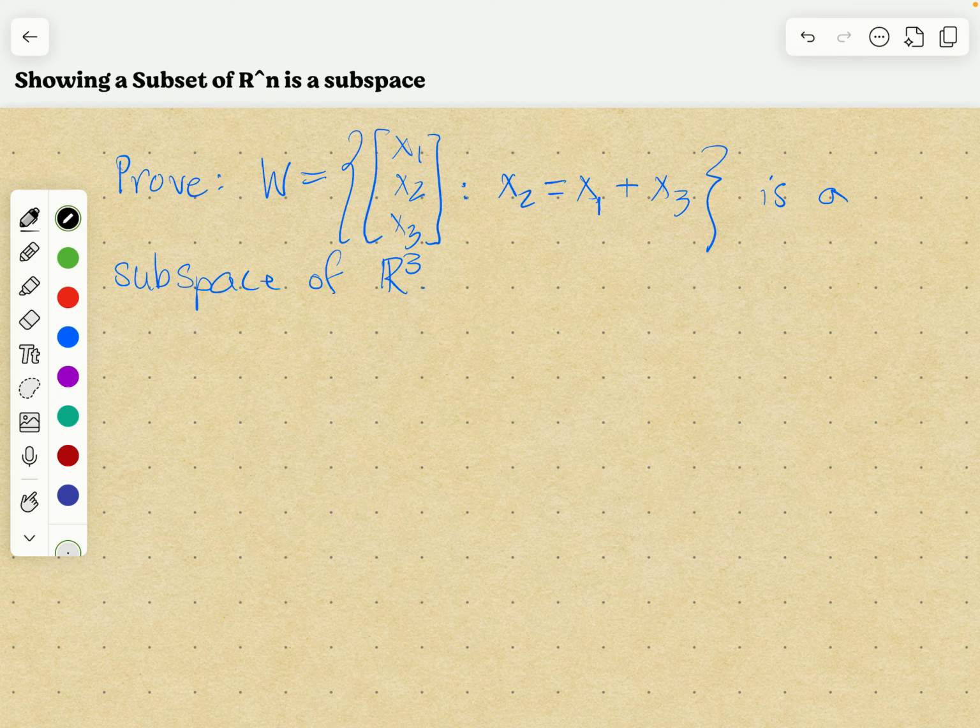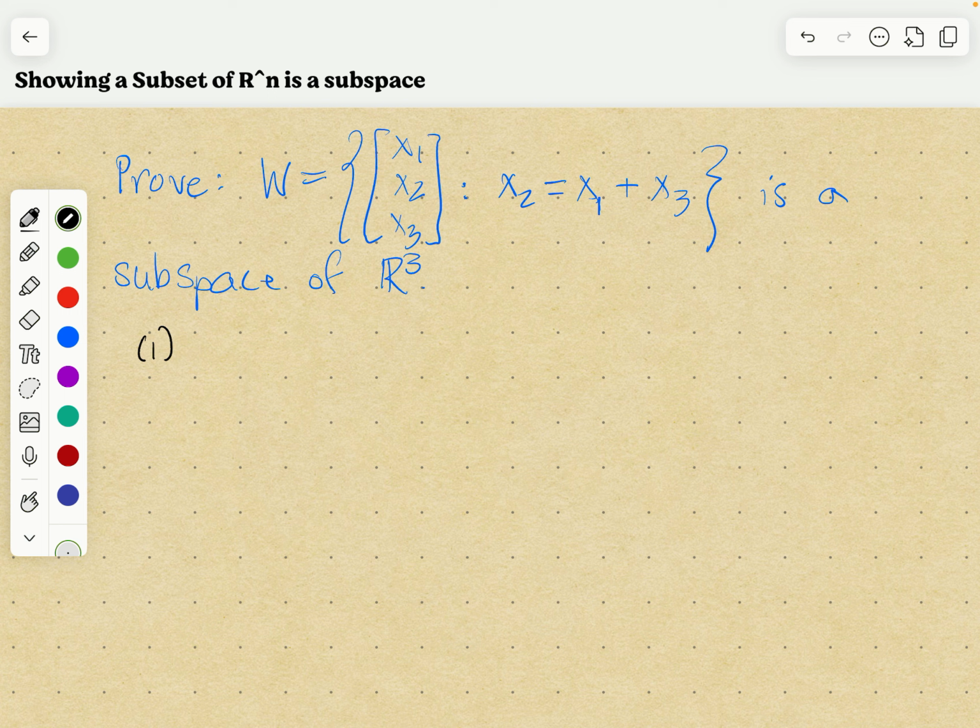So the first thing we need is to show that W is non-empty. It turns out that if you have a subspace and your set is non-empty, then it must contain the zero vector. So some books will phrase the first thing to check as W containing the zero vector. And let's just do that. If it contains the zero vector, then of course it's a non-empty set.